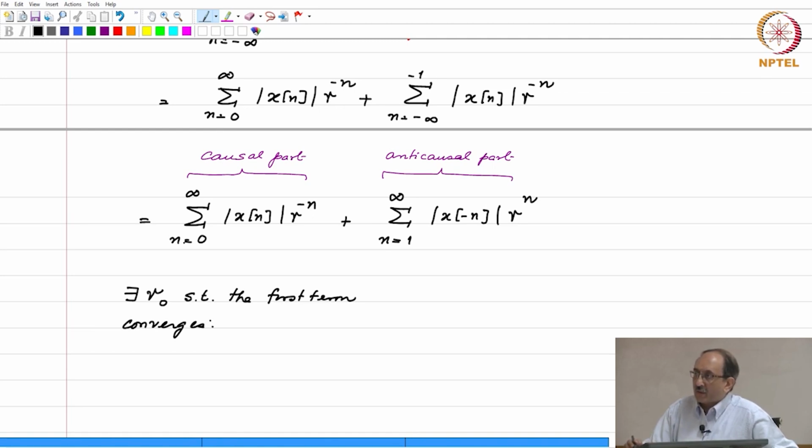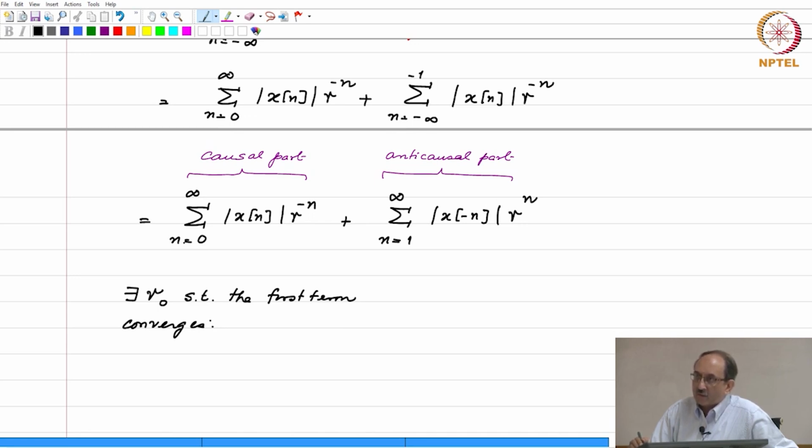Then we want to ask the question, what about values of R that are greater than R naught? If you know that the first term converges for a certain R naught, what can you say about the convergence for all values of R that are greater than R naught?